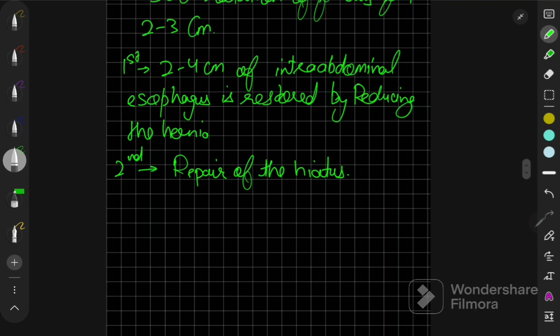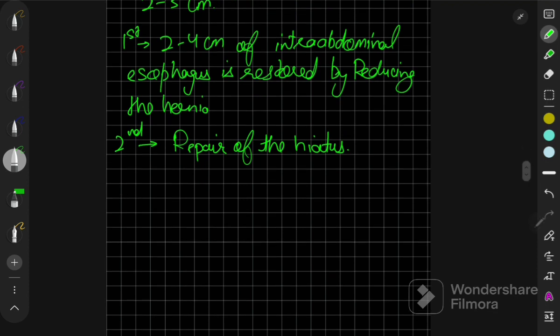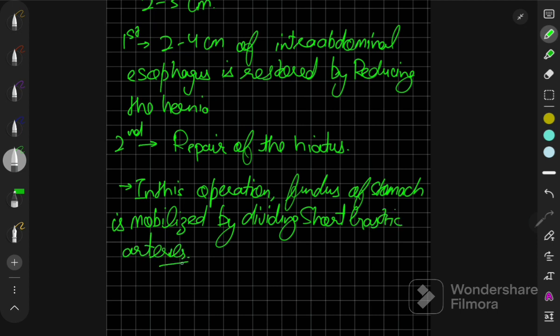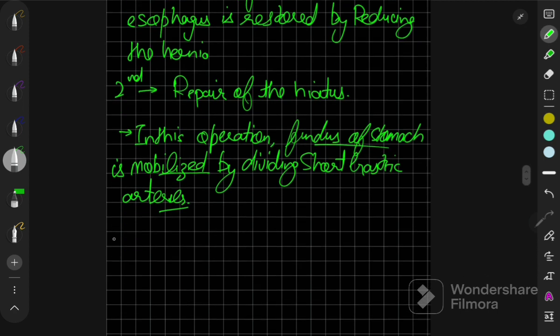In this operation, fundus of the stomach is mobilized by dividing short gastric arteries. We have mobilized the fundus of the stomach.